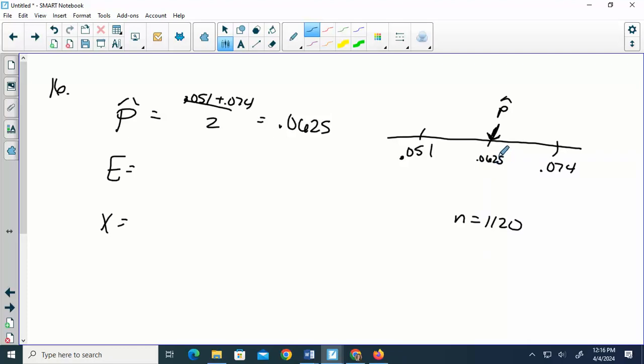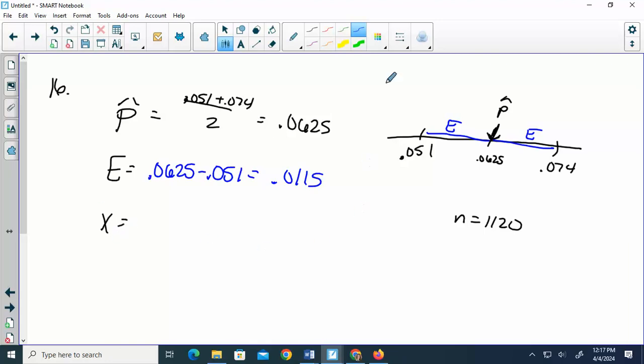So when we find a confidence interval, we take our center, p hat, and add or subtract some margin of error. So the error is how far you go in either direction. These are the same, we just have to find one, and you get it by subtracting. So we could do the center minus the lower bound, or the upper bound minus your center, and get 0.0115.